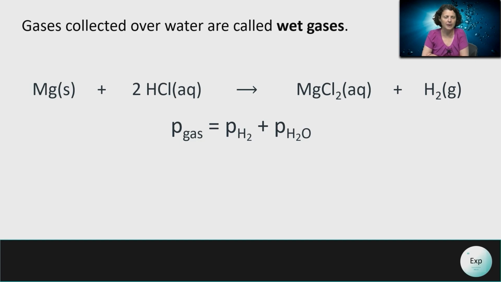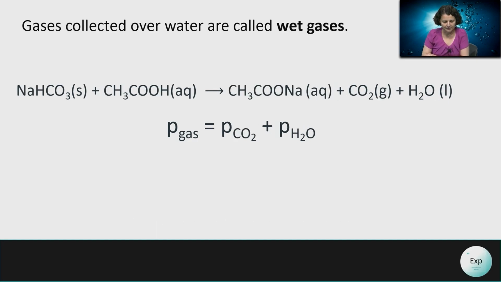For the reaction of magnesium and hydrochloric acid, when it leads to the production of hydrogen, the pressure of the gas mixture will be the pressure of hydrogen plus the pressure of water vapor, because the gas is collected above water.